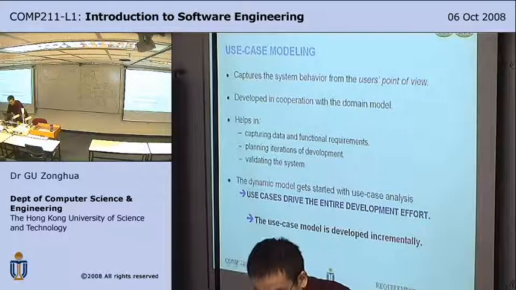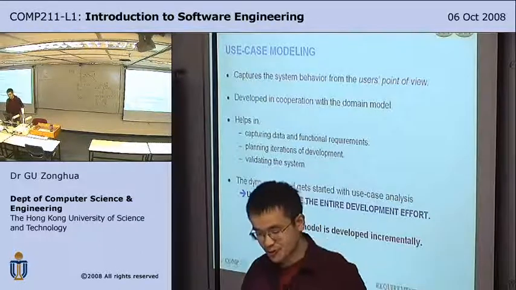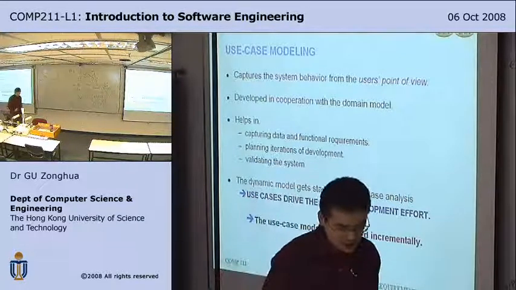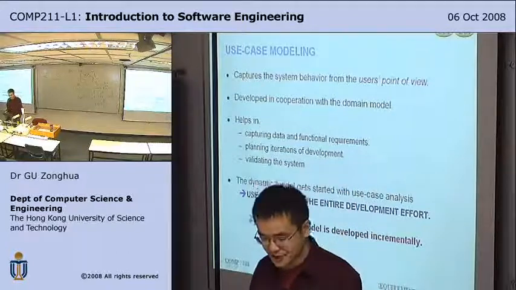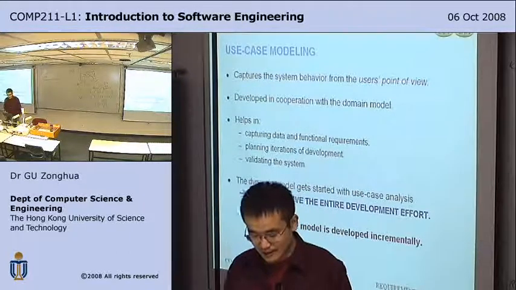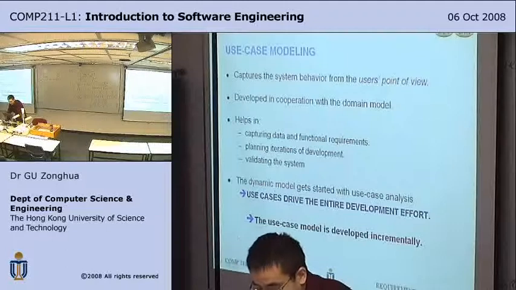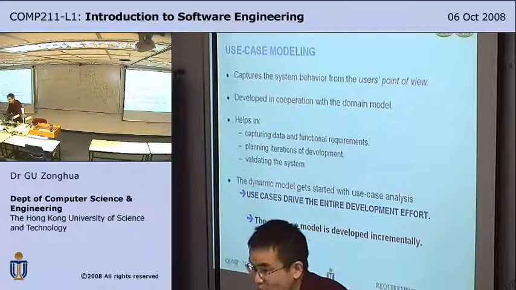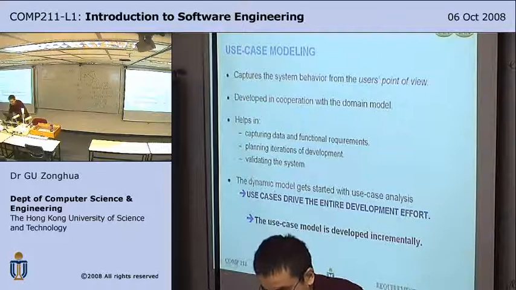So the dynamic model gets started with use case analysis. Dynamic model refers to the use case model, analysis model, and design models later in the development stage. So they are opposed to the static model, which is the domain model, describing the database.